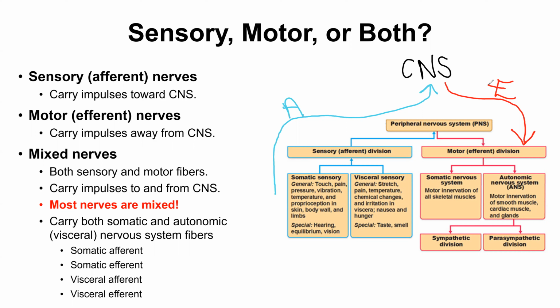So organ sensory information gets sent up maybe just alongside skin sensory information. Okay, so just know that most nerves are actually carrying all four of these fibers. So they have somatic sensory, visceral sensory, somatic motor, and autonomic motor.